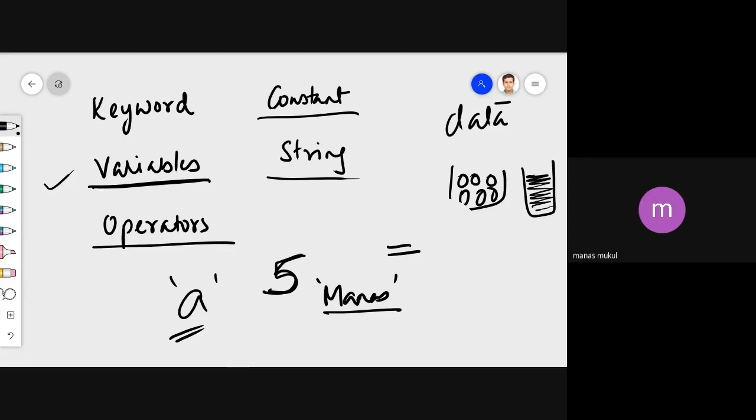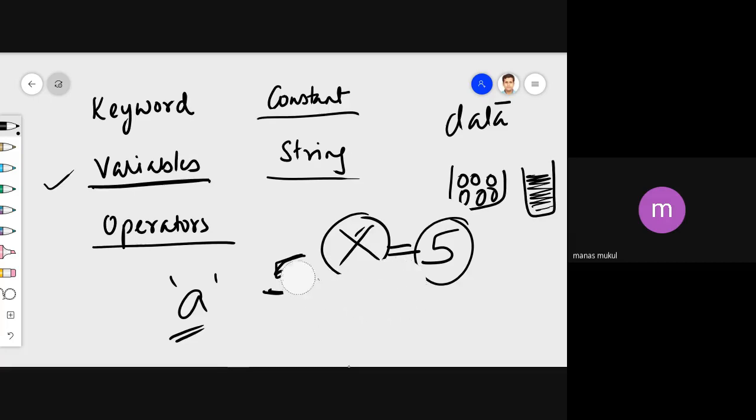But an important thing to note is that constants are assigned to variables. So if I have a variable X, I can assign 5, right? So this is a variable which is basically a container to store data, and the data that you store is a constant. Did you understand this? For example, name is a variable which is a container to store some data, and the data that I store is a constant.